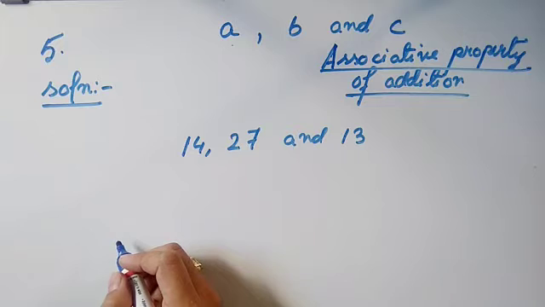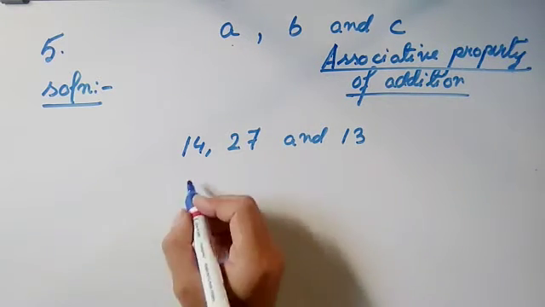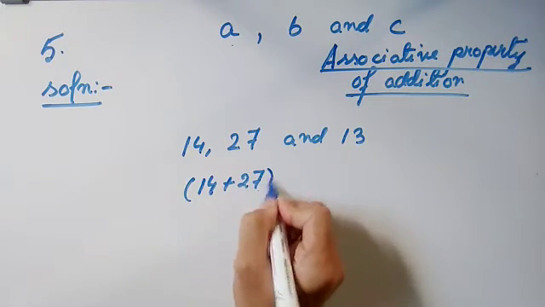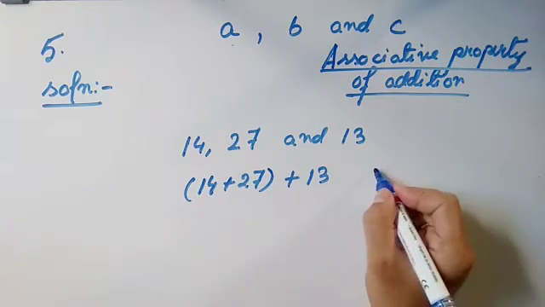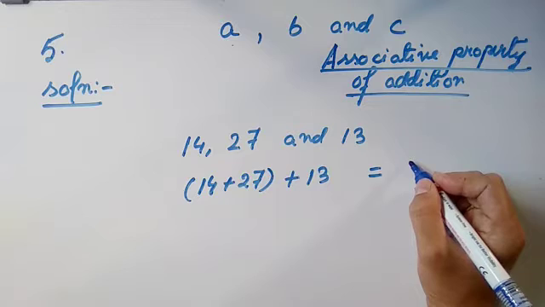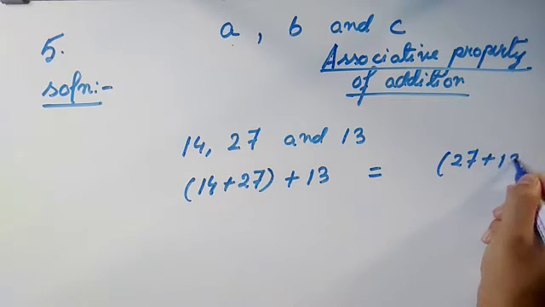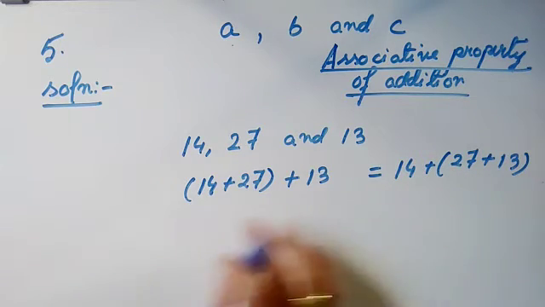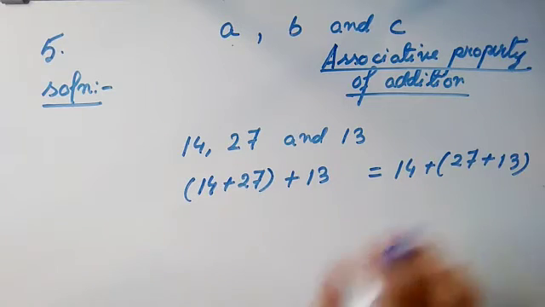Their sum remains the same irrespective of the grouping. If we add 14 and 27 first, and after that add 13, the result will be the same as adding 27 and 13 first, and after that adding 14. So this is what we mean by the associative property.